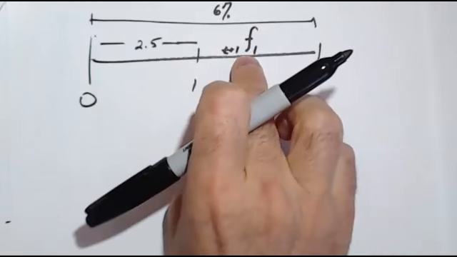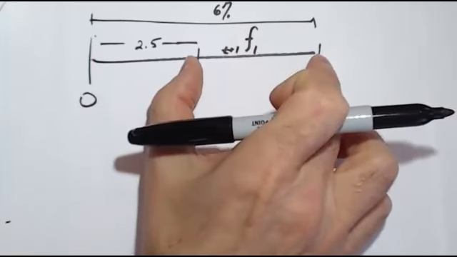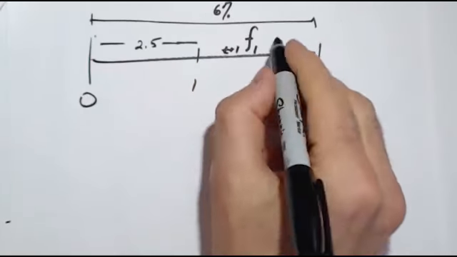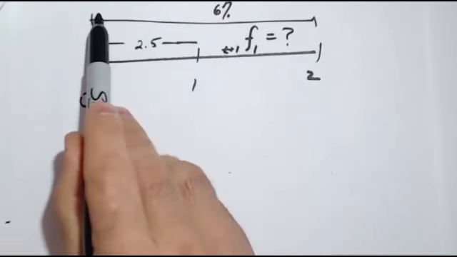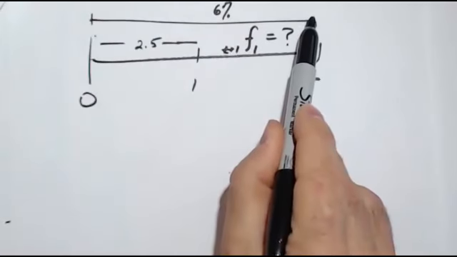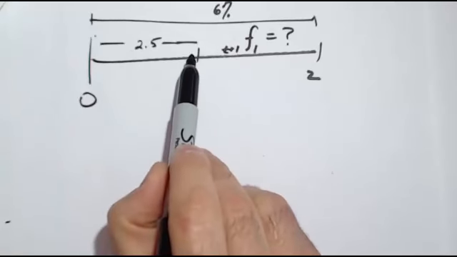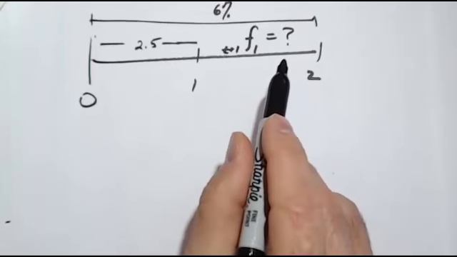So this post-subscript is covering this 1 year. So it's a forward rate that starts 1 year from now and covers 1 year. What is this interest rate? Because what we're saying is we are indifferent to investing for 2 years at 6% versus investing at 2.5% for 1 year and rolling it over into a mystery rate. That mystery rate is called the forward rate.